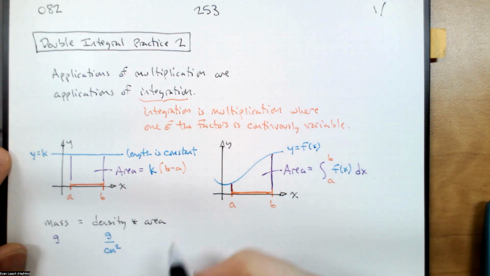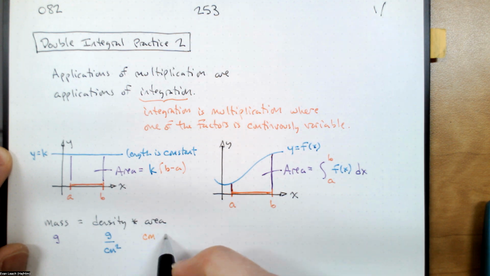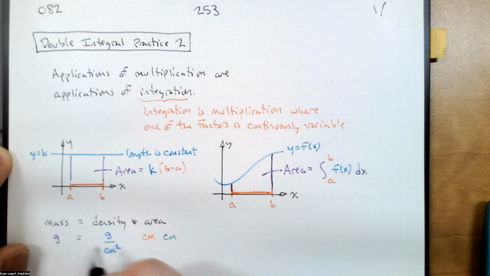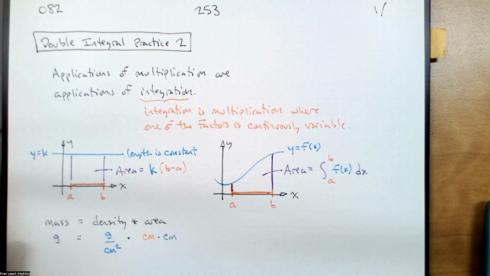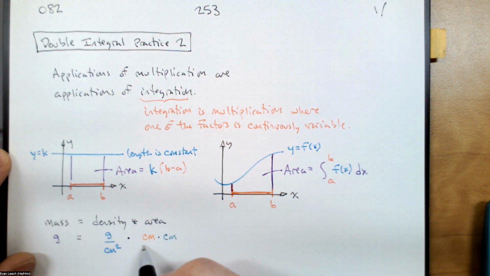It's a region, and so some centimeters are going to be the dx, and some other centimeters are going to be the dy. And together they're going to be the area.